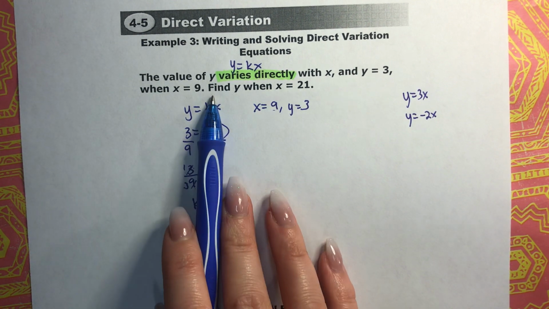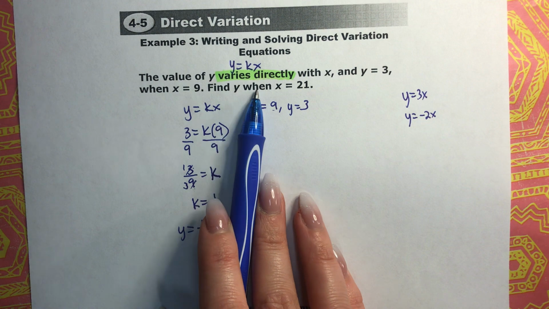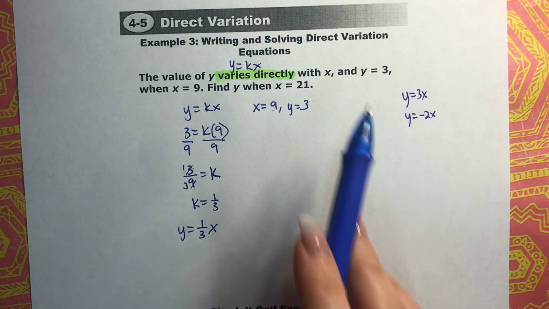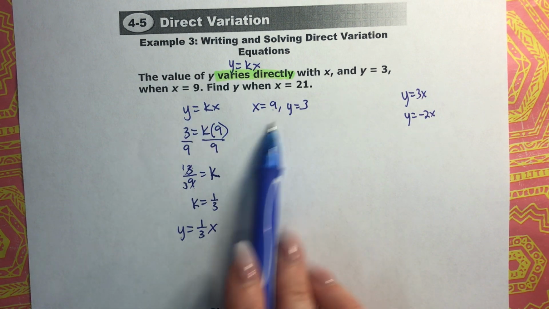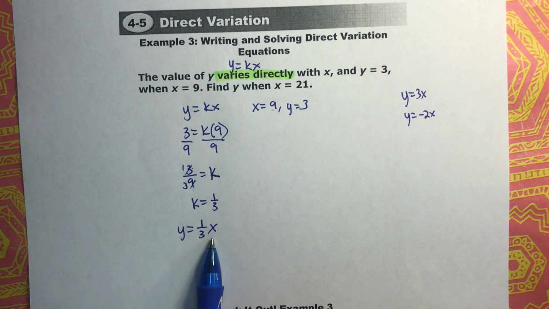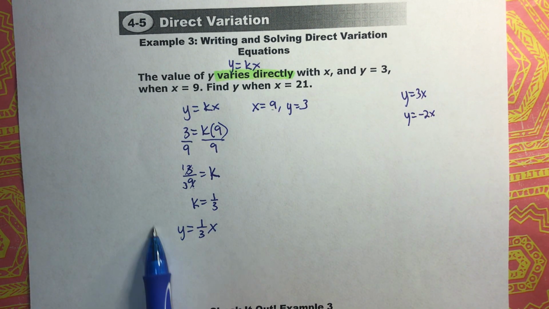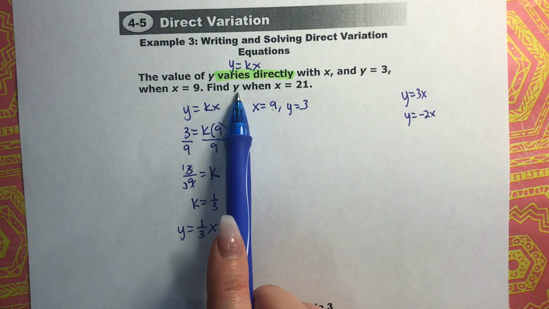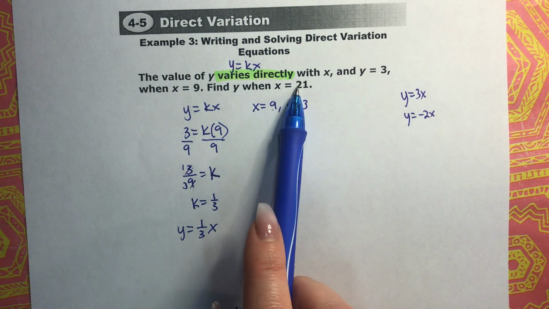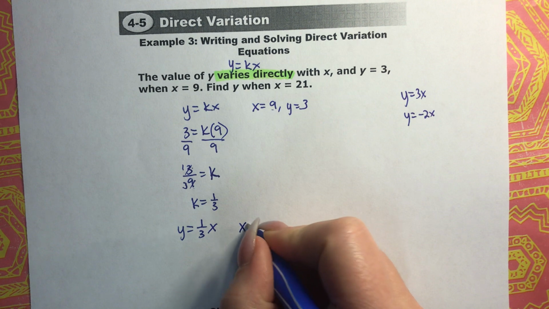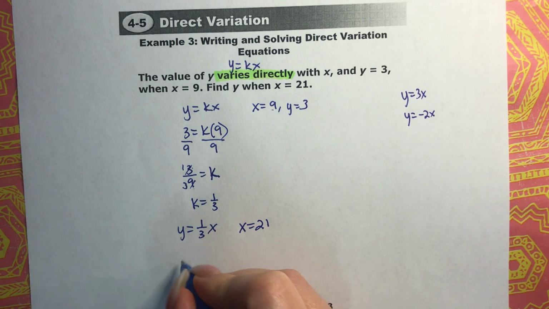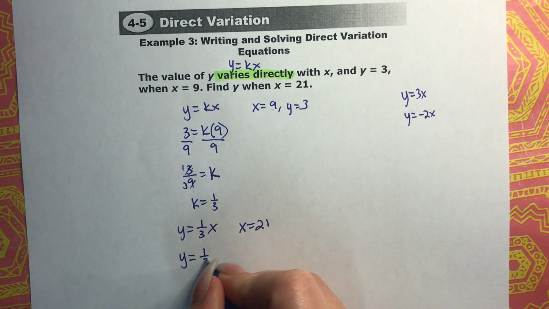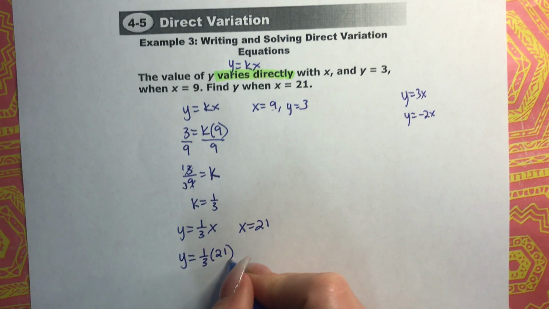So that is my direct variation equation. Now it's asking us to find y when x equals 21. These 2 points are given so we can determine what k is, so we can write an equation. Then once we write an equation, they're saying, figure out what y is when x equals 21. I'm going to substitute 21 in there. Y equals 1/3 times 21.